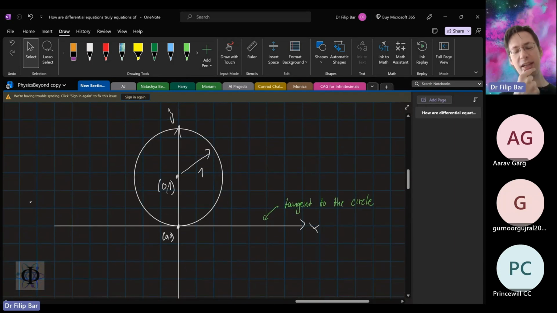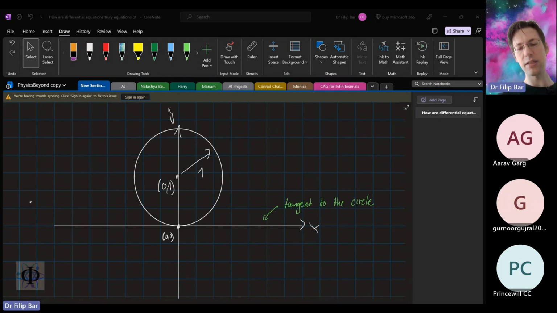So when I'm looking at a tangent to the circle, how can I turn that into helping me finding out how to define infinitesimals, infinitely small numbers?